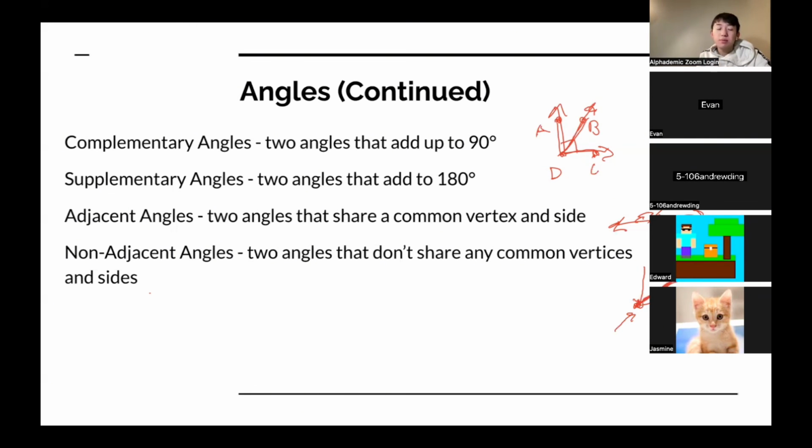So that's just what it means by adjacent angles. And non-adjacent angles are just two angles that don't share any common vertices or sides. So for example, it could be like this and this, like angle ABC and angle DEF. These two are non-adjacent angles.